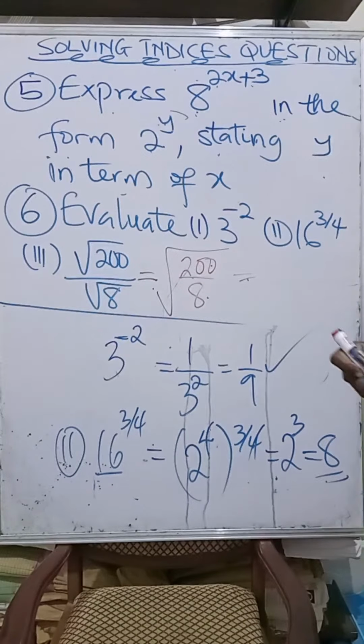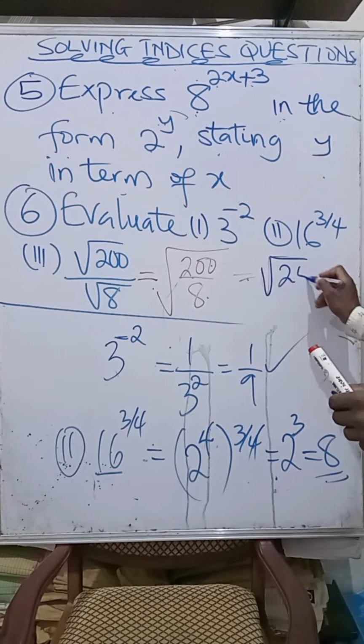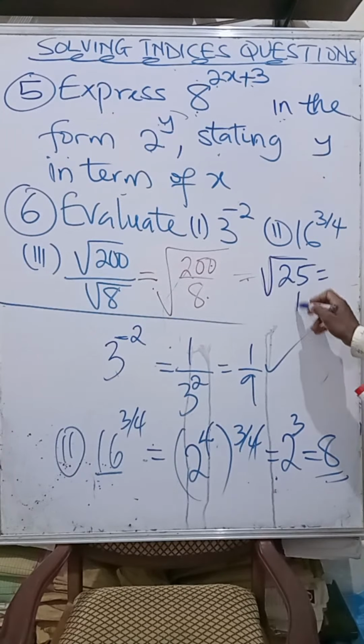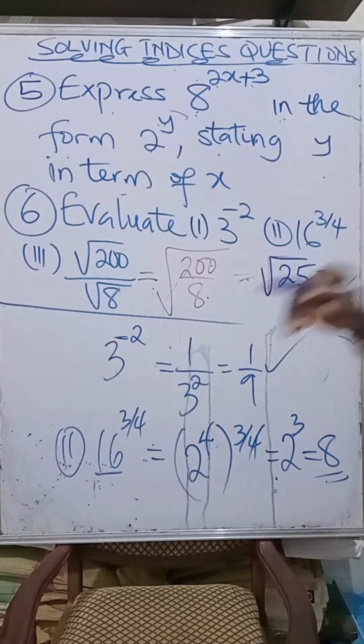That will be square root of 25. And that's what? That could be plus or minus 5, or just say 5. Okay? So that's the answer to that.